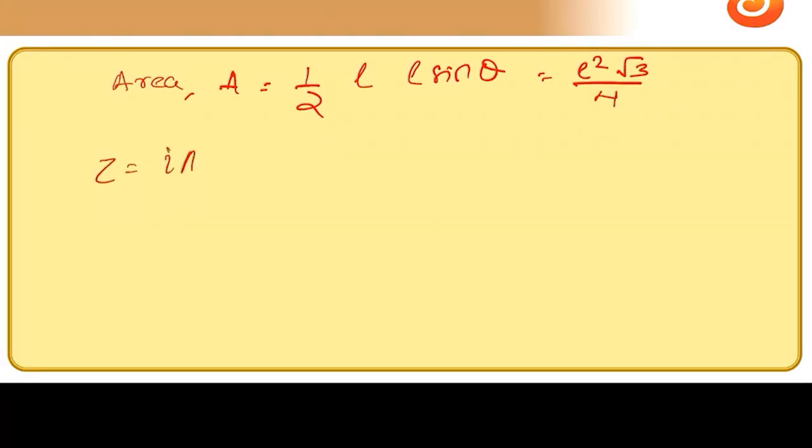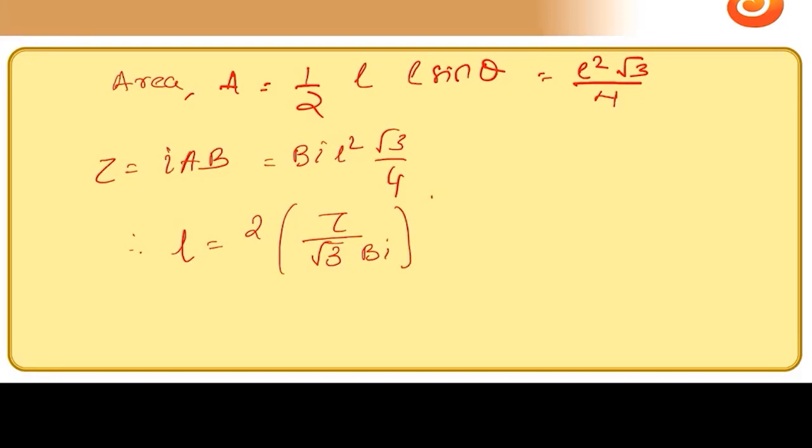Area of the triangle A can be written as half L into L sin theta, that is L square root 3 divided by 4, and the torque is I A B, of course n is 1, sin 90 is 1, so this is B I L square root 3 divided by 4, and therefore L is equal to (2 torque divided by root 3 Bi) to the power of 1 by 2.